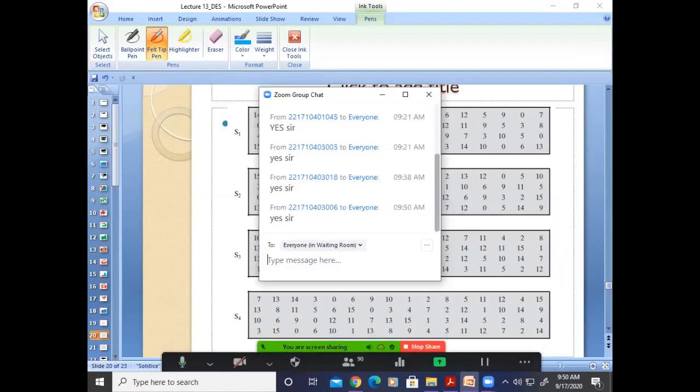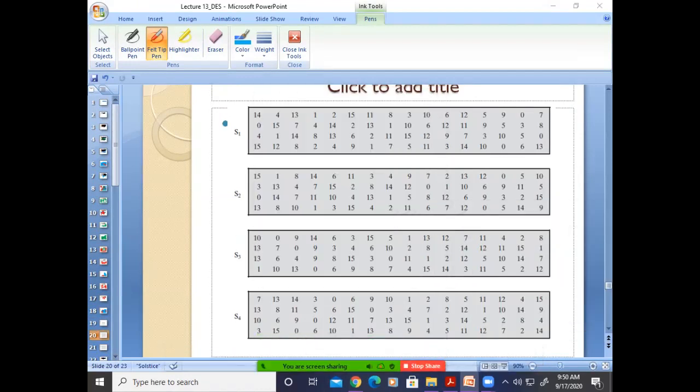Now see the SBoxes. As I told, the criticism was that these SBoxes are classified. If I see SBox 1, there are 16 columns and 4 rows. Now see, what is the maximum number you are seeing in these boxes? It is not more than 15.